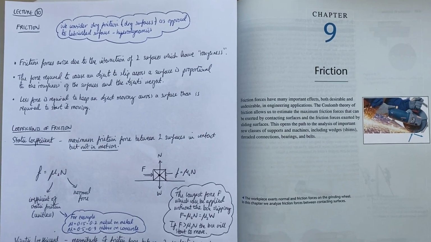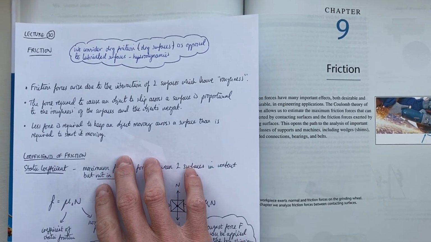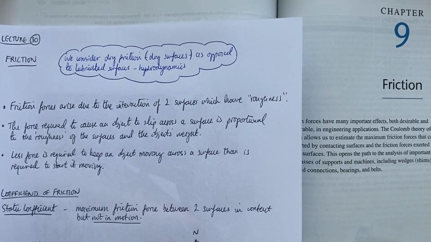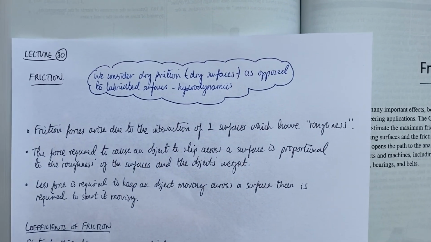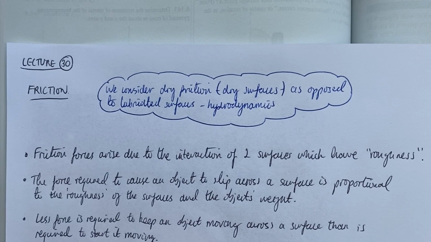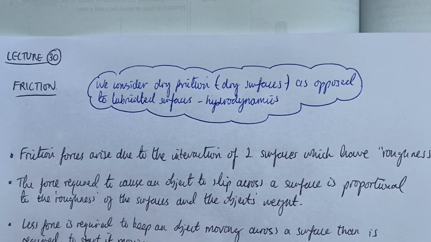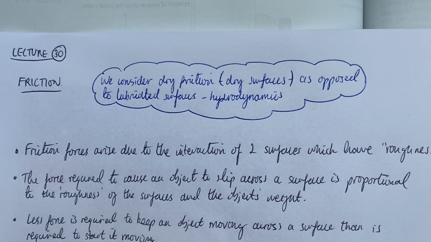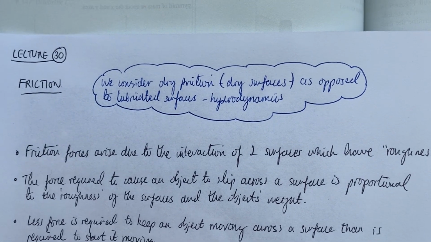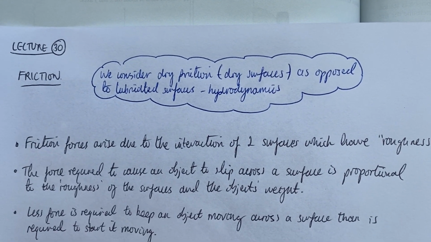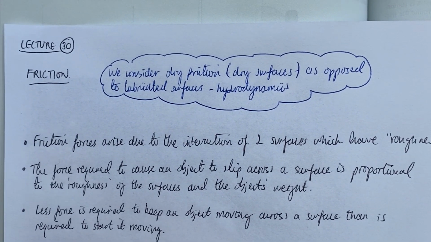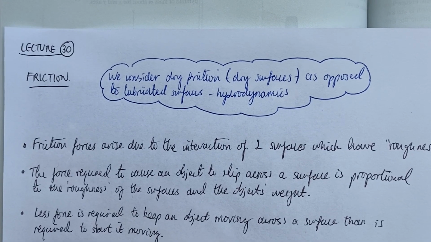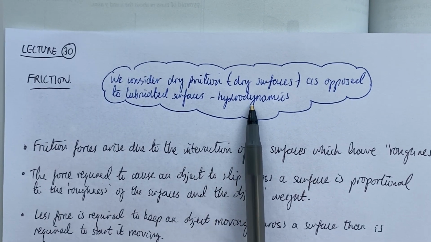So, first of all, let's define what we mean by friction in this case. Well, we're going to be just talking about what's called dry friction, right? So we're considering two dry surfaces rubbing together, as opposed to lubricated surfaces, which then becomes a hydrodynamics problem.